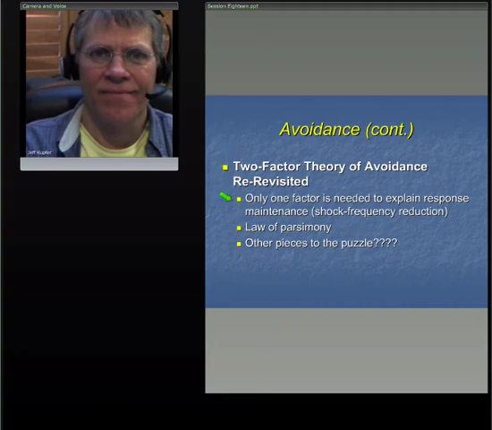That is, one factor explains everything: shock frequency reduction. If you can set up a paradigm that reduces the overall frequency of an aversive event, it will sustain avoidance behavior. When you can no longer reduce the frequency of electric shock, avoidance behavior goes away. In other words, instead of invoking respondent and operant conditioning, all you have to worry about is operant conditioning.